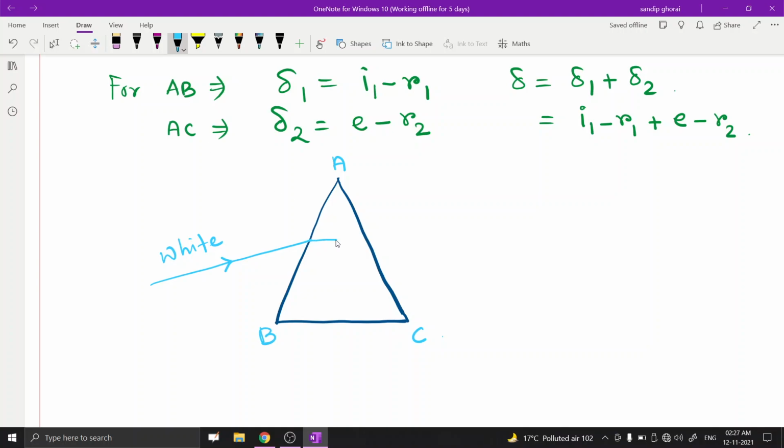So it is split into 7 different colors, because we all know the speed of the 7 different colors for a particular medium is different. So white color splits into 7 different colors.